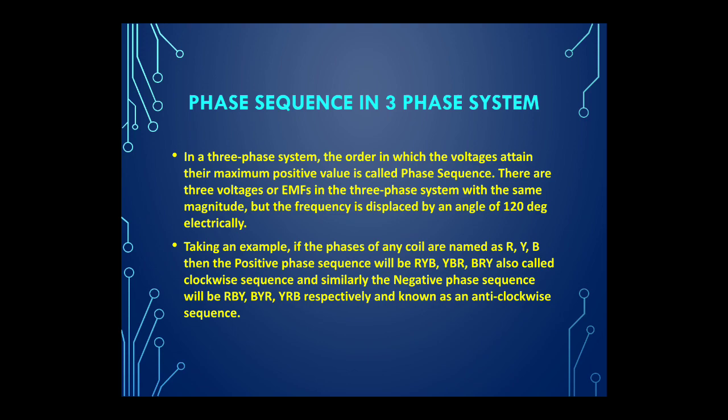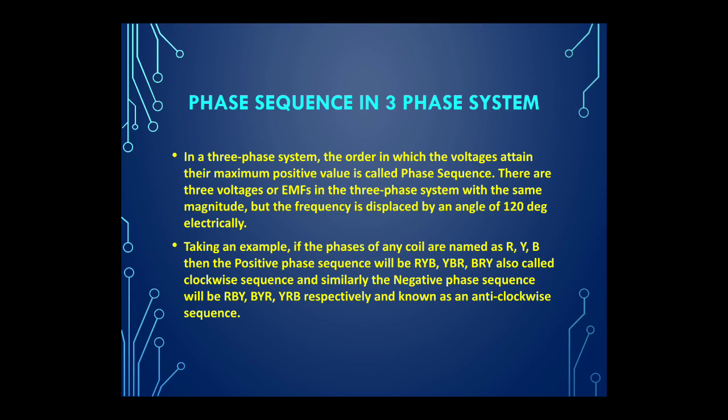Taking an example, if the phases of any coil are named R for red, Y for yellow and B for blue, then the positive phase sequences are RYB, YBR and BRY, also called the clockwise sequence.